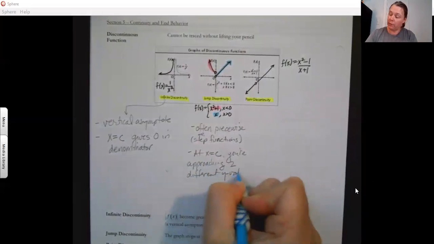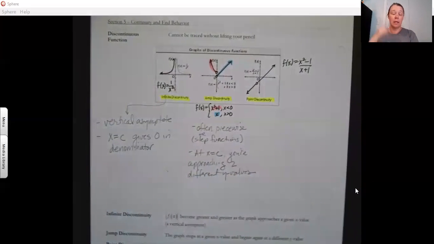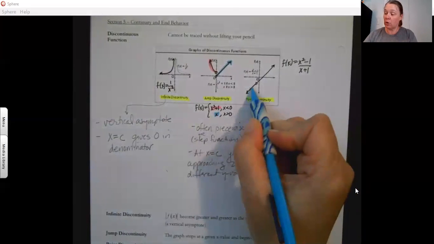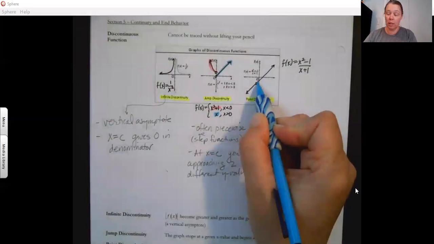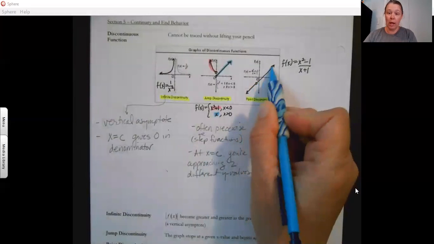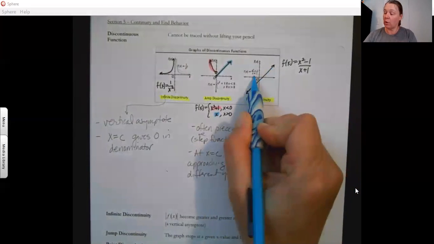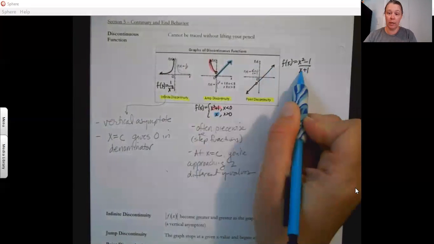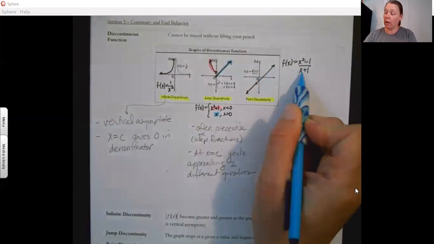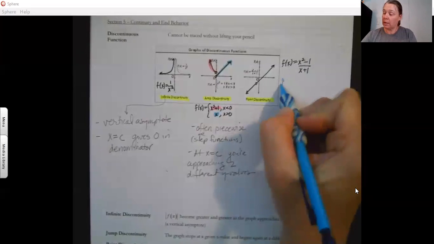All right, and then the last type of discontinuity is a point discontinuity. So it's almost like we have a continuous graph, but this one single point is an open circle. And if we look to our equation, which I know it's kind of small here, so I've rewritten it here. If we look to our equation, notice what happens.